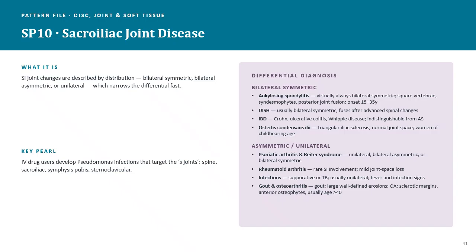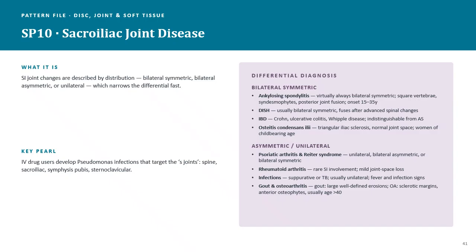So an example would be TB, and another would be some other sort of bacterial infection that is affecting that SI joint area and also causing destruction in that SI joint area. Gout and osteoarthritis can also have this one-sided finding as well.